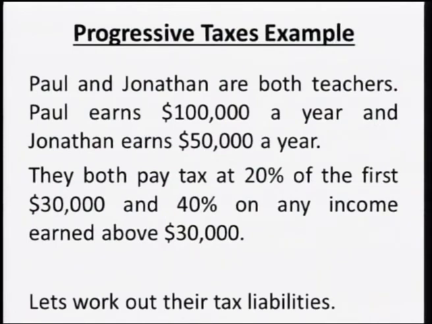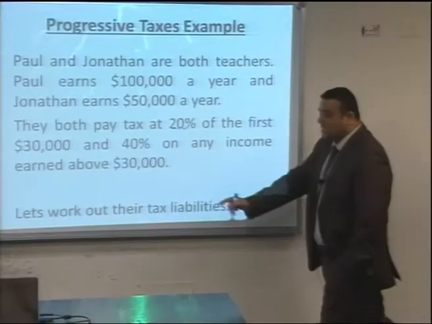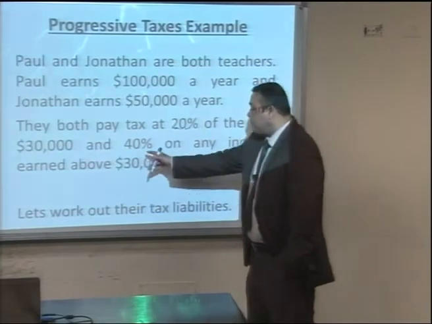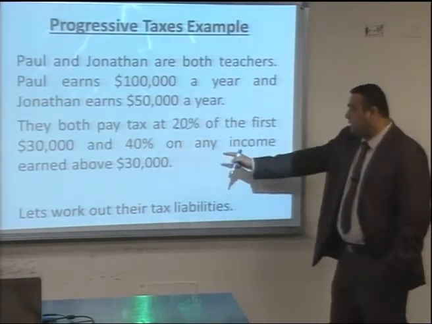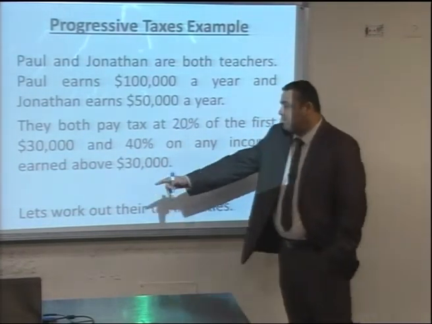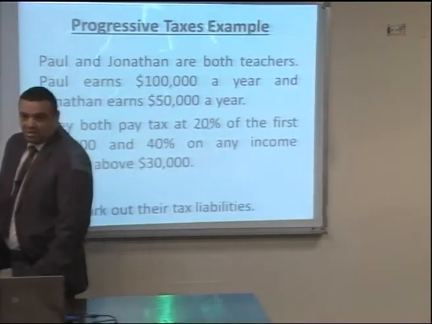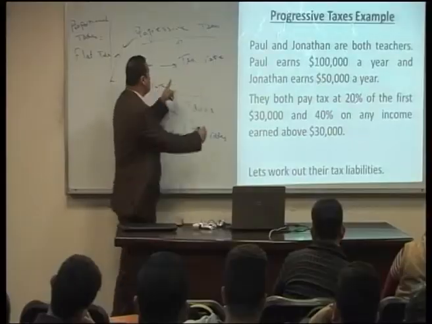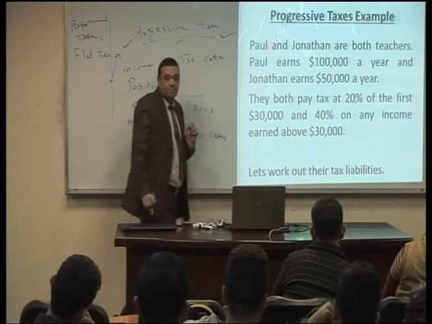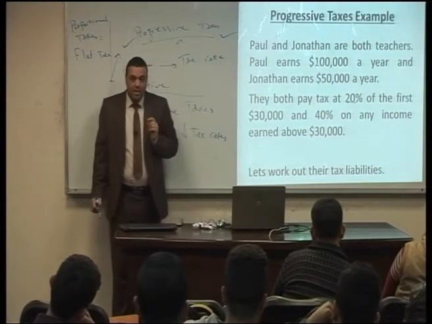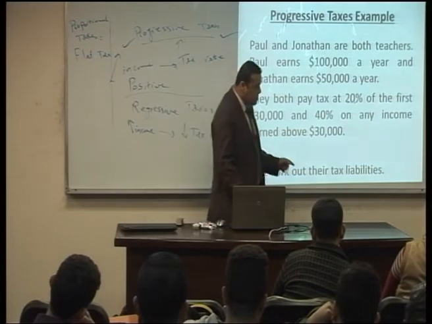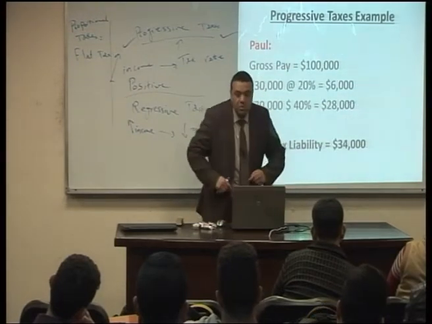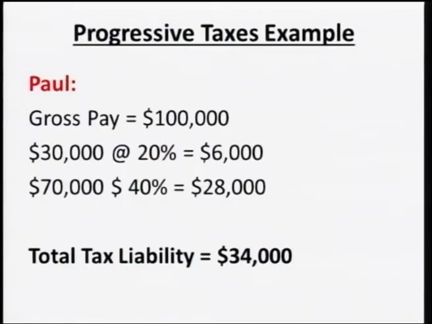They both pay tax at 20% of the first $30,000 and 40% on any income earned above $30,000. This is an example for the progressive taxes. The question is how much each one of them must pay.